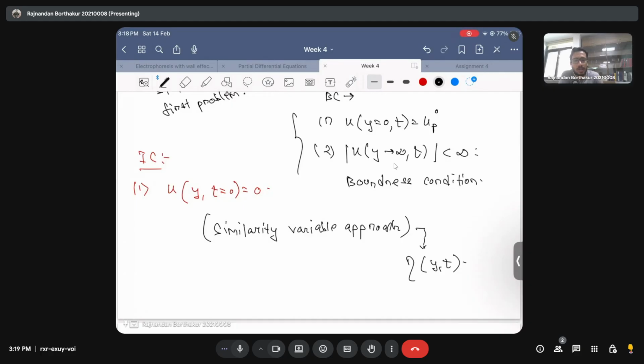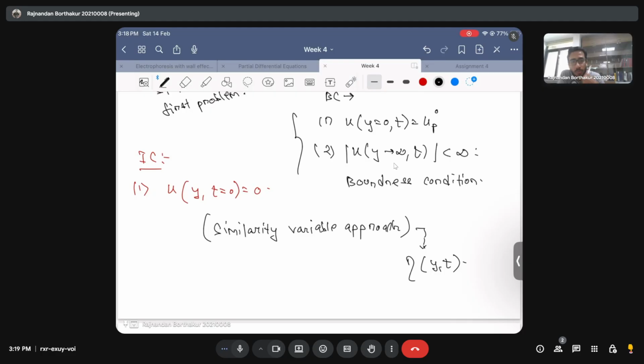The non-existence of a defined length scale and a defined time scale motivates us to find a similarity solution in this problem, and that's why you use a similarity variable to solve for the velocity field.